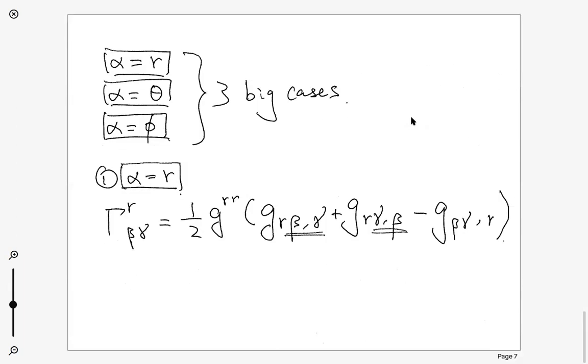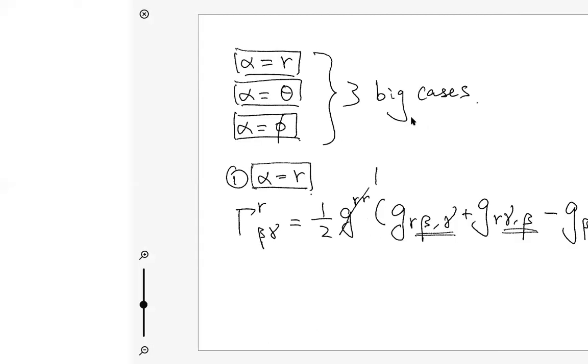So we come back to this formula, this will become 1. Okay, up to this point, I hope that you guys are not getting lost.